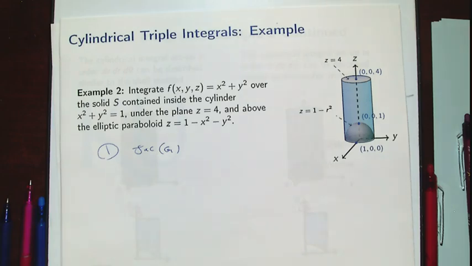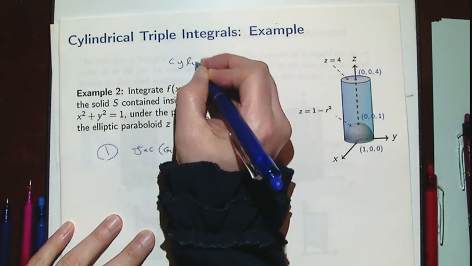Like 1 minus x squared, quantity x squared plus y squared. I see it over here, I see it over there. That's actually a good clue, because everything transforms to r squared, right? So that tells me maybe I should transform this to cylindrical coordinates. So I'm thinking cylindrical coordinates.